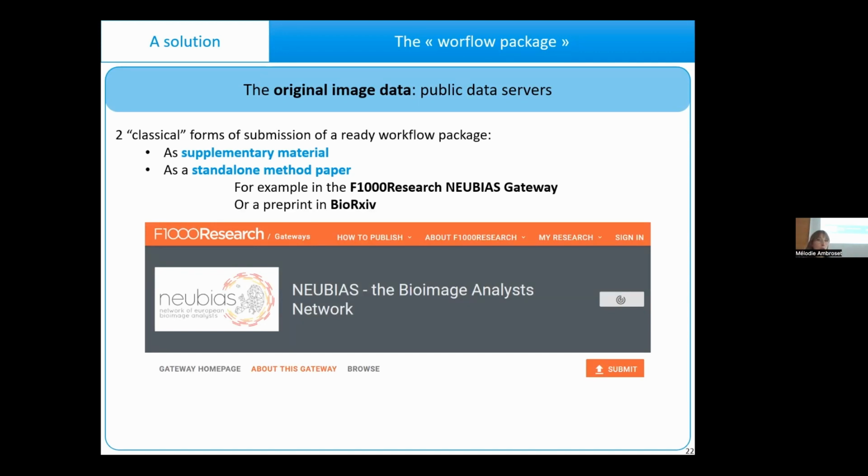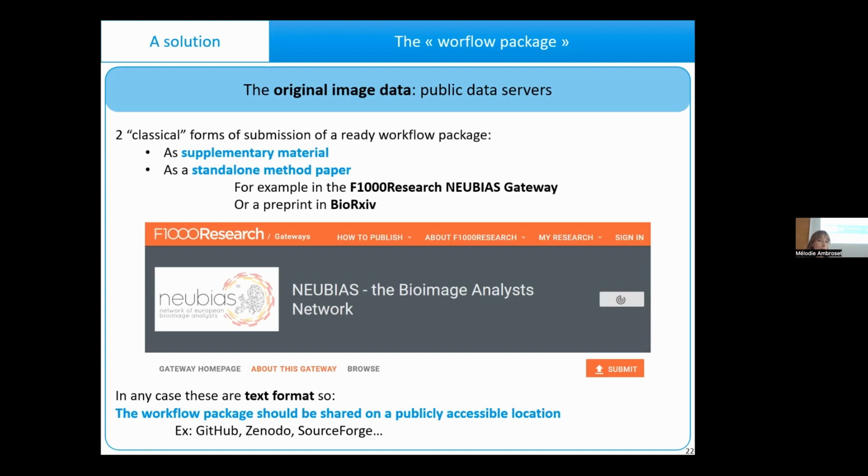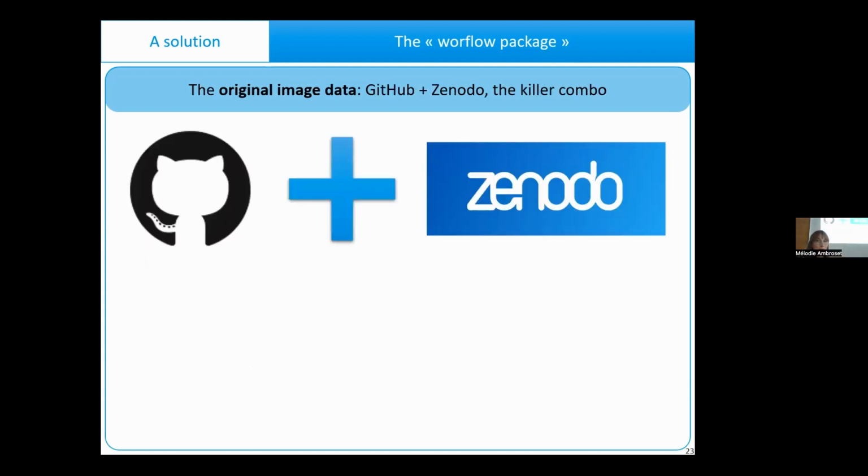And you can also publish it as a preprint in bioRxiv. In any case, these two classical forms are text formats, so the workflow package itself should be shared on a publicly accessible location, such as GitHub, Zenodo, or SourceForge. Speaking of, GitHub plus Zenodo is, according to the authors, the killer combo.